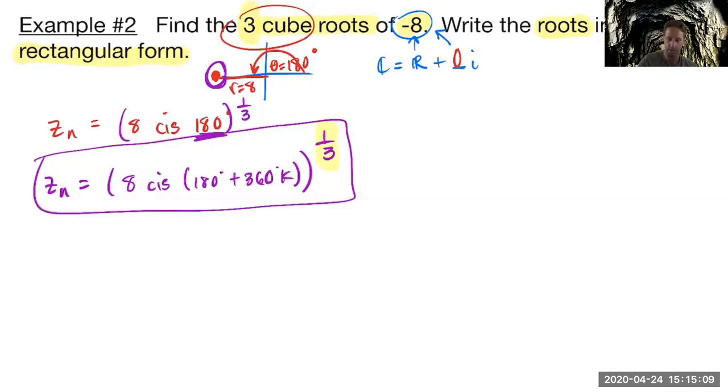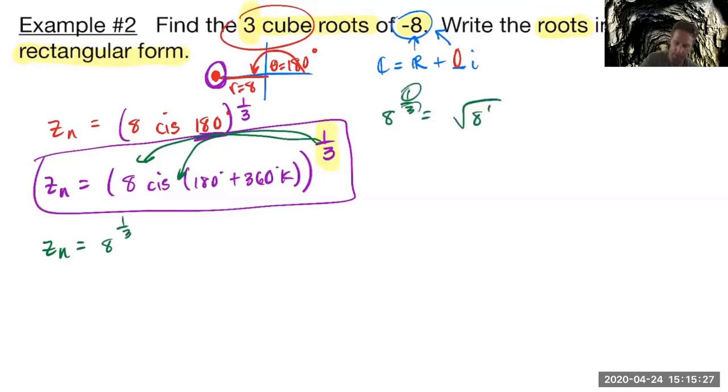So my next step is going to be to write it out by applying de Moivre's theorem to this, which would mean 8 to the 1/3, or still have 8 to the first here. But remember, I have 1/3 of as many as I need. So that's going to be the cube root of 8, which hopefully you remember is a 2. And then I got cis. And then remember with the angles, we bring the 1/3 and we put it in front.